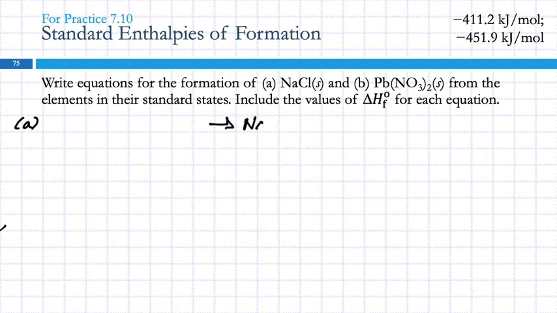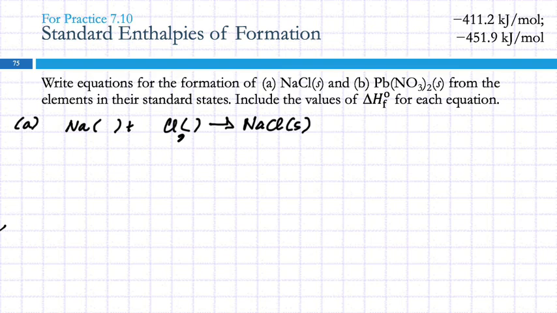So our product is NaCl in the solid state. What are the 2 elements in that compound? Sodium and chlorine. Okay? So we're going to have sodium in some state, and we're going to have chlorine in some state. What's the standard state for chlorine?